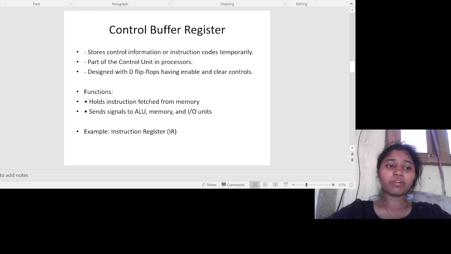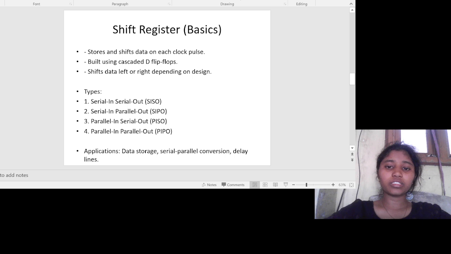We discussed the buffer register and the control buffer register. Now let's discuss the shift register. The shift register is used to store and shift data on each clock pulse. Built using cascaded D flip-flops, it shifts the data left or right depending on the design.